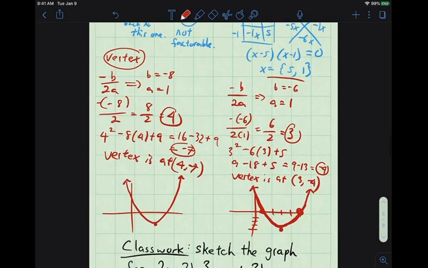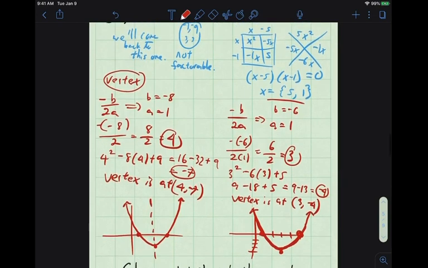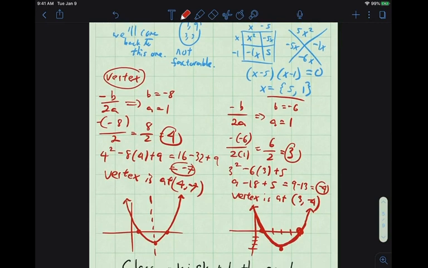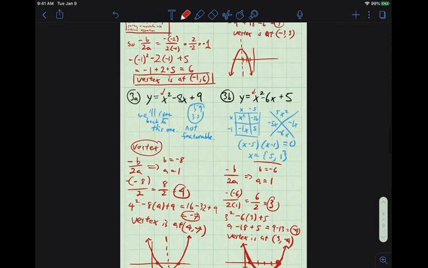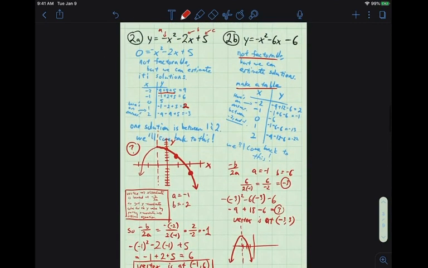You know it's going to have two x-intercepts. We don't know what they are so far, but at least we got this much. Why did I know it opens upwards? Well, the a values here and here are positive, so it opens upwards. For these two, the a values are negative, so they open downwards.